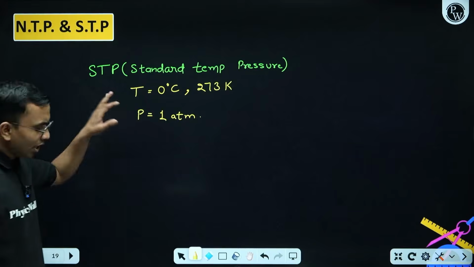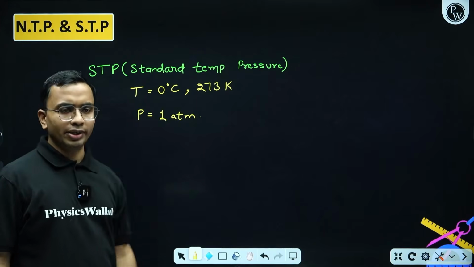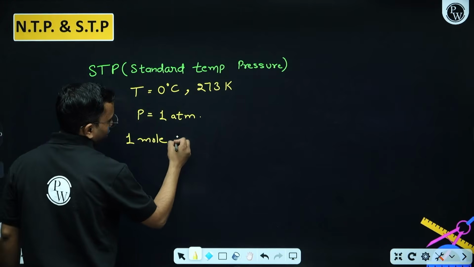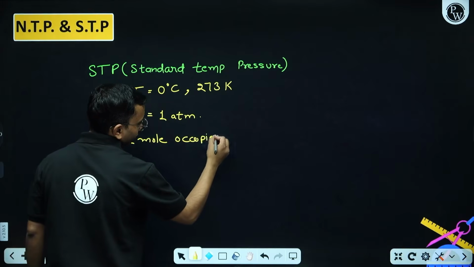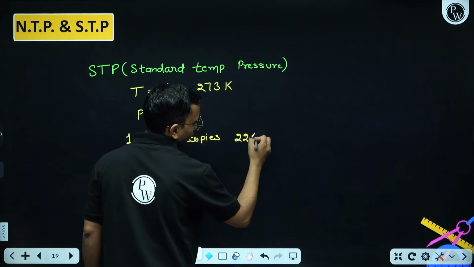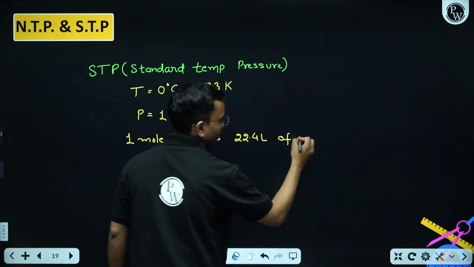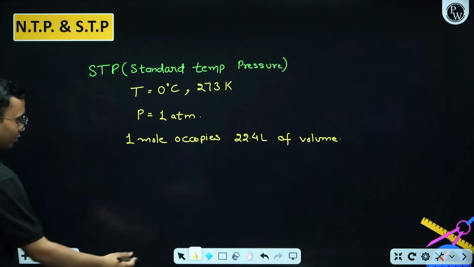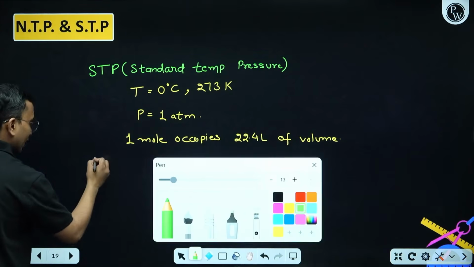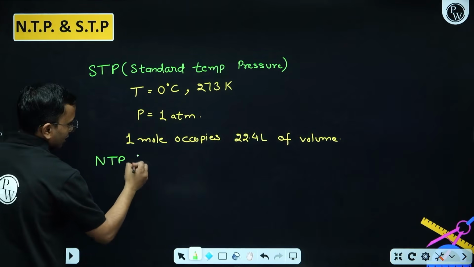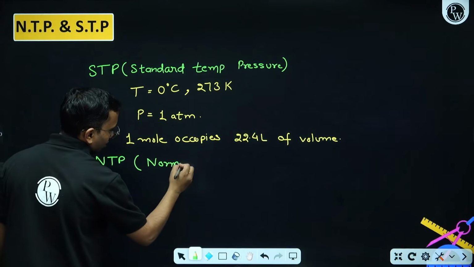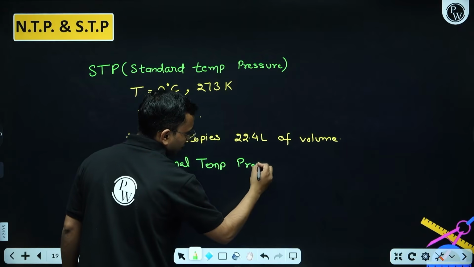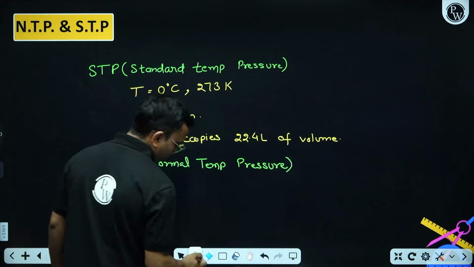At this condition, 1 mole of a gas will occupy 22.4 liters of volume at STP. Now talking about NTP. NTP stands for normal temperature and pressure.